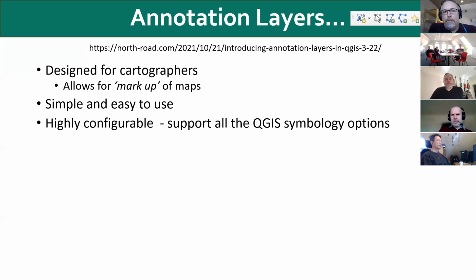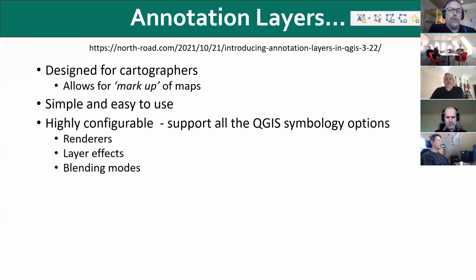So these new annotations support all the QGIS symbology options. This includes all the different renderers that QGIS has, including different symbol layer types, layer effects, so they're adding outer glows, shadows, inner glows, things like that.